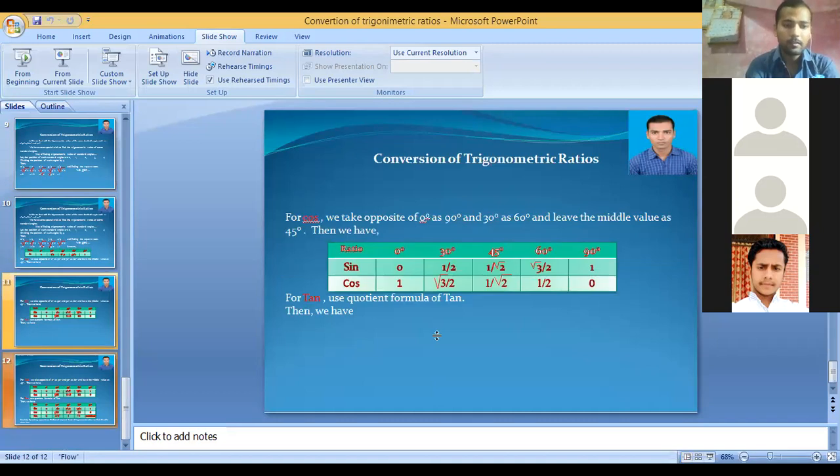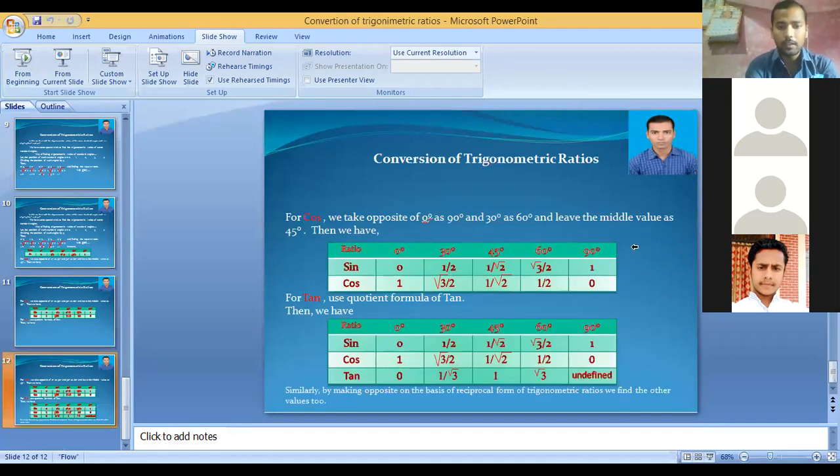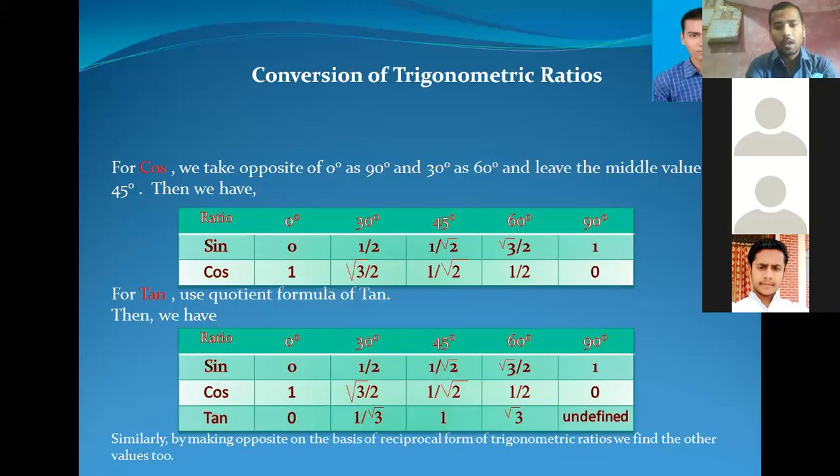Look here carefully. As we have given here, tan theta or tan 0 degree is equal to 0, is it? So as I have told you, we need to use here the reciprocal quotient formula of tan theta and sin theta.